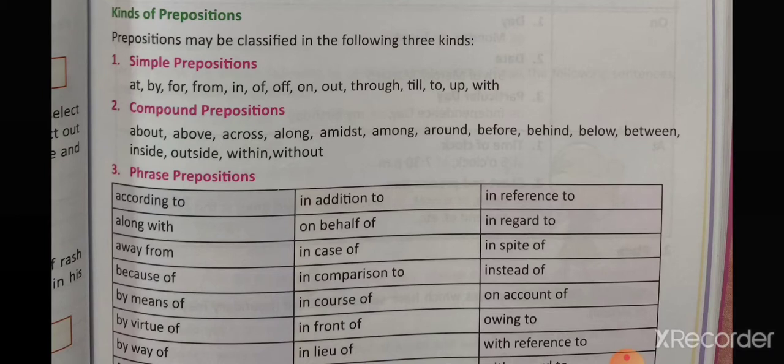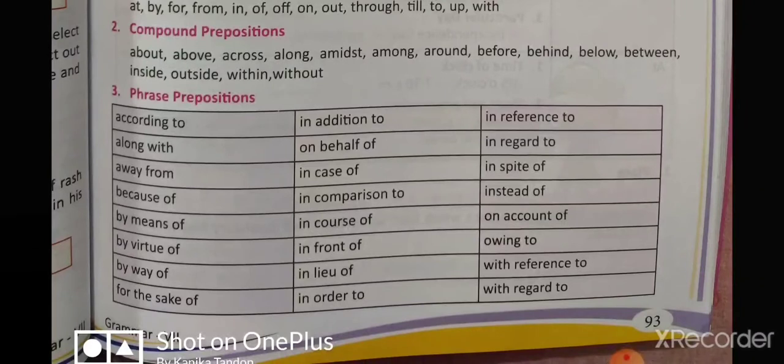Compound prepositions are somewhat bigger, like about, above, across, along, amidst, among, around, before, behind, below, between, inside, outside, within, without. And phrase prepositions are in the form of a phrase: according to, along with, in comparison to, with reference to, with regard to, in order to. We'll study about them in detail one by one.